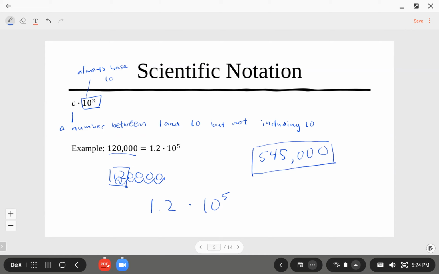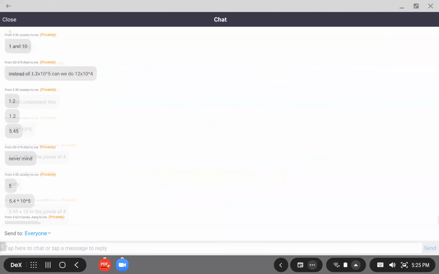Okay, so let me give you a small hint. All the numbers that are not 0 are 545, right? And then please move the decimal point and turn this into a number that is between 1 and 10. Then you'll go from there. Okay, so this is usually the first step. So please try to solve this on your own. But if you don't know, then I'll walk you through it later. So please put your answer in the chat box.